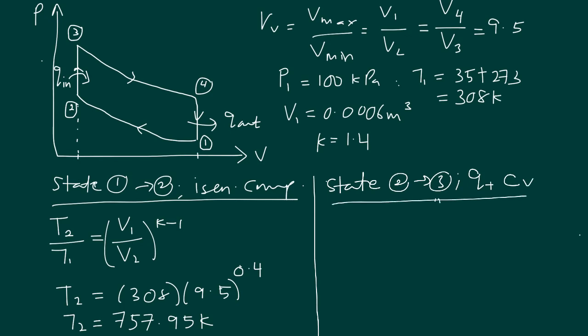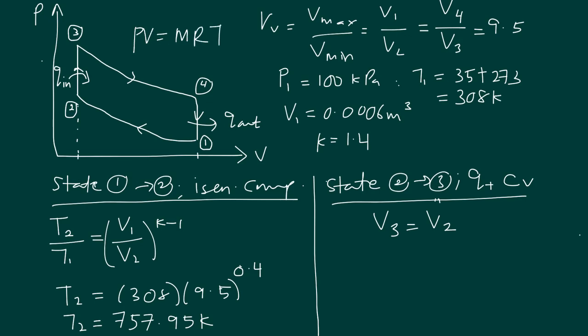Since it is at constant volume, your V3 must be equal to your V2, and we make use of PV = MRT.